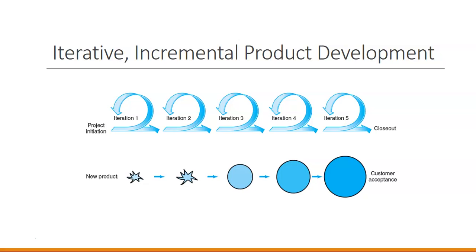And then we release iteration two, and then iteration three, until the customer is satisfied with the end product and decides that the project is complete. So as I said, there's really no absolute end date when you start a project, like it has to be completed by this date, because it's a flexible, flowing kind of project development process.